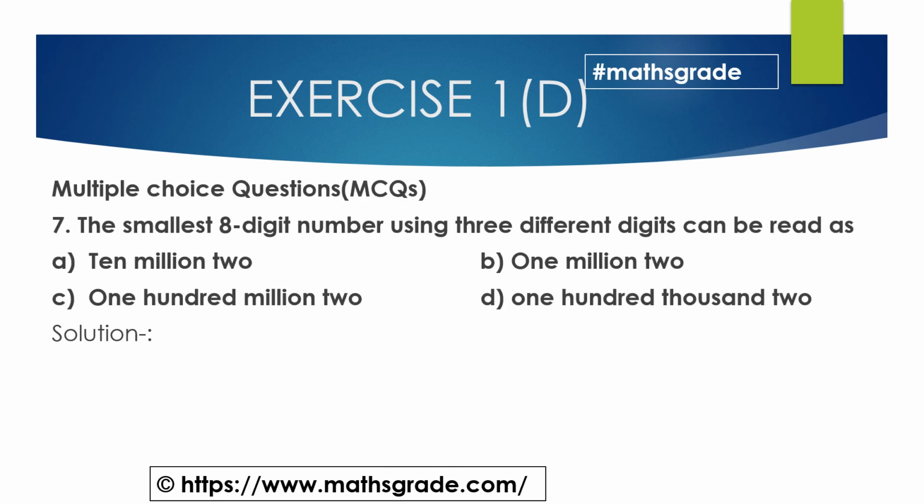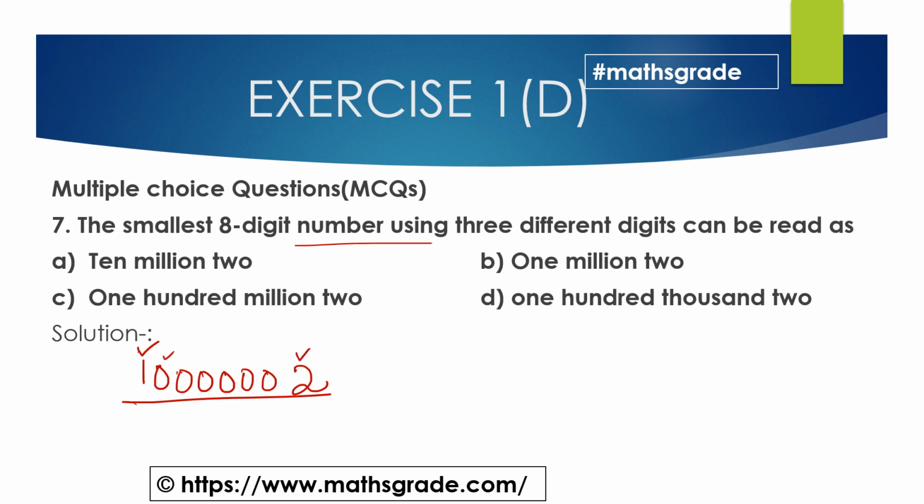Now we solve multiple choice questions, MCQ. The same question number 7: the smallest 8-digit number having 3 different digits can be read as? 8-digit number, 3 different digits. It will be 1, then 0, 1 2 3 4 5 6 7 8. This is the 8-digit number with 3 different digits: 1 is one digit, 0 is another digit and 2 is another digit.